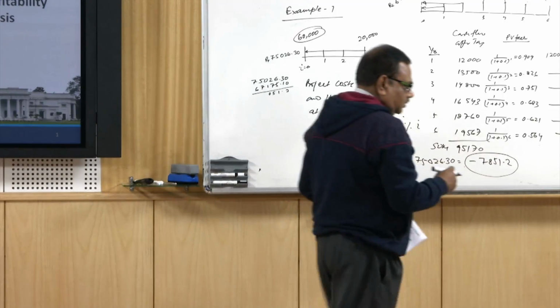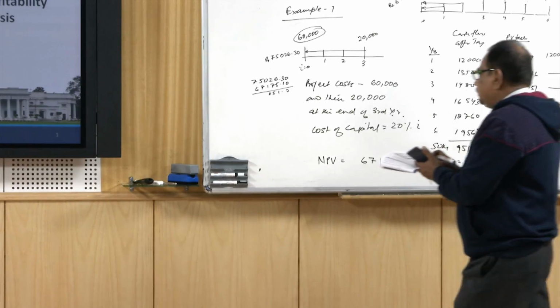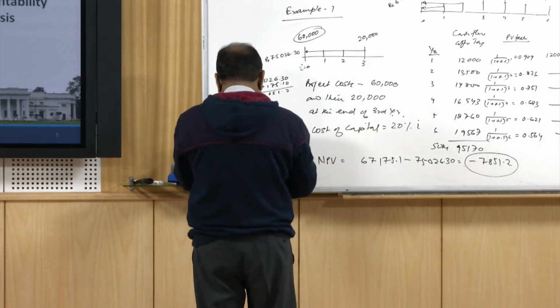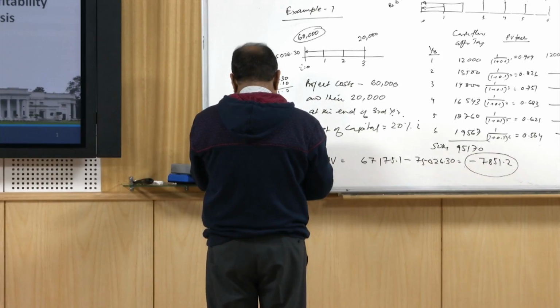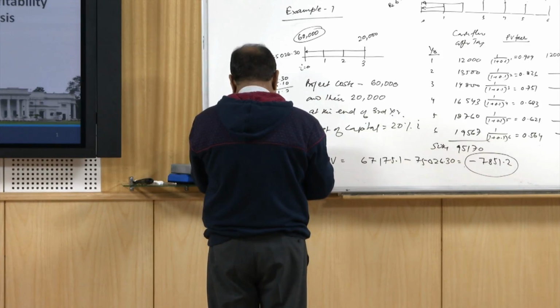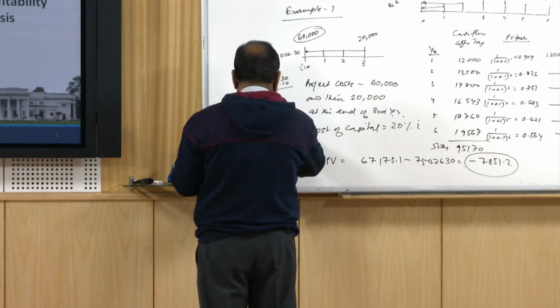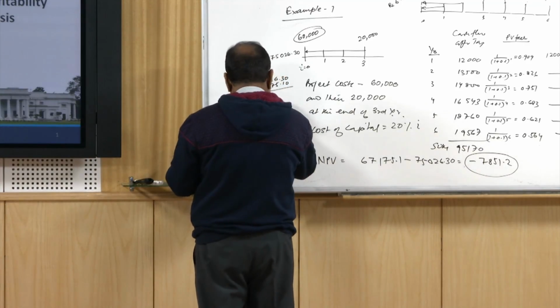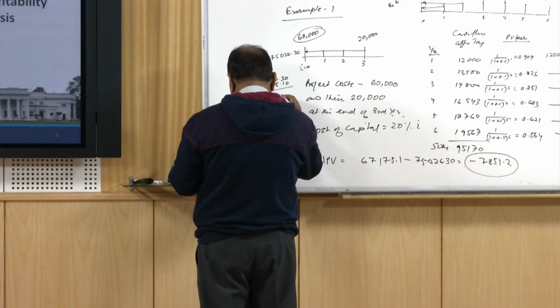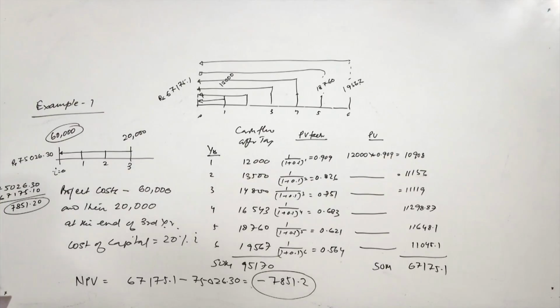Now let me quickly do it without error. This is 75,026.30 minus 67,175.10. This is coming 7,851.20. This is the deficiency.